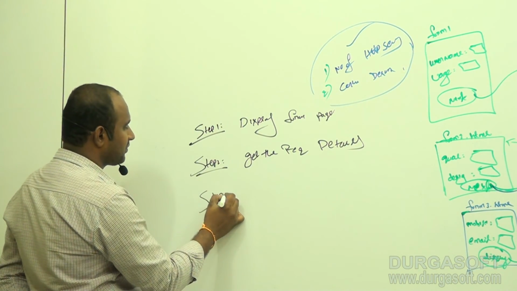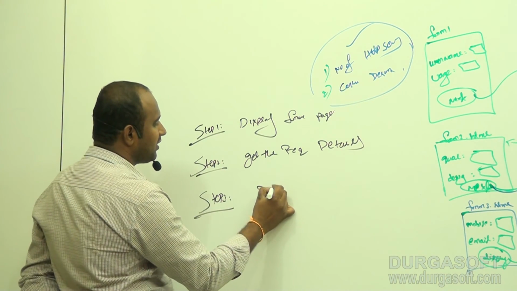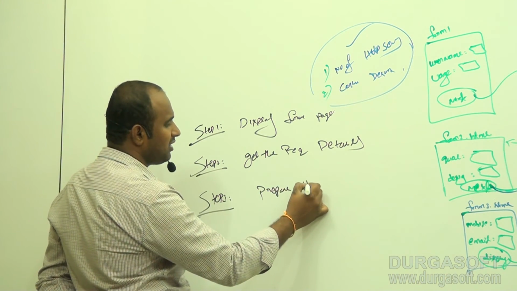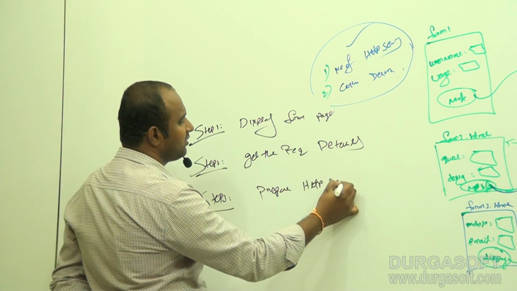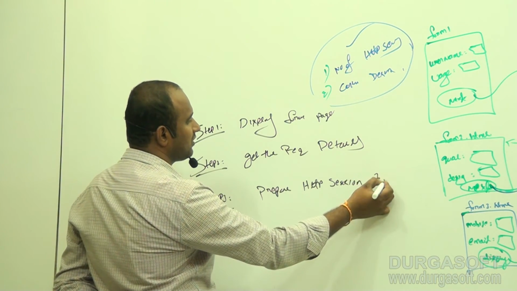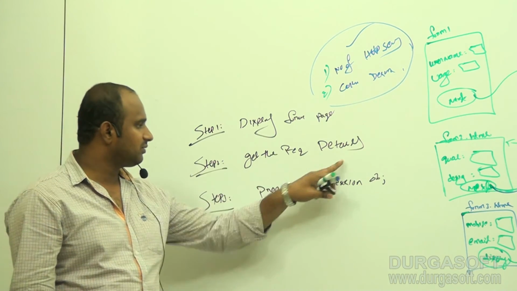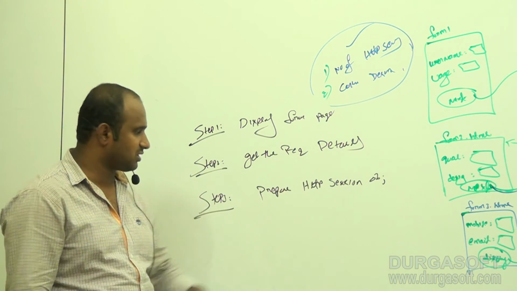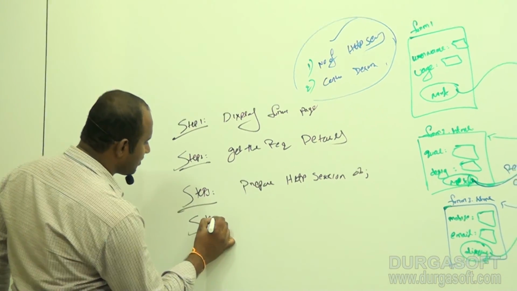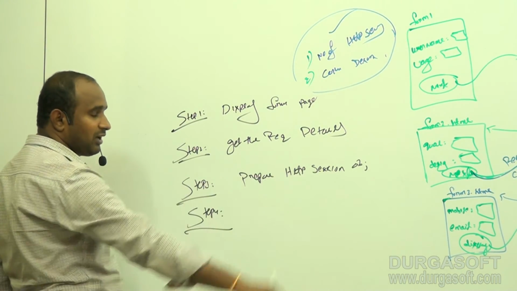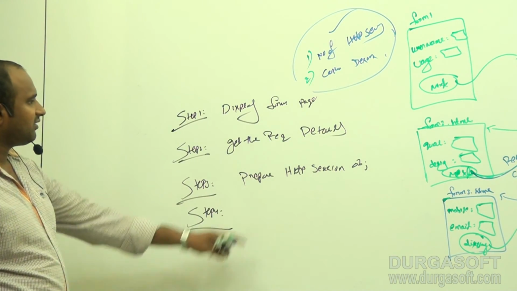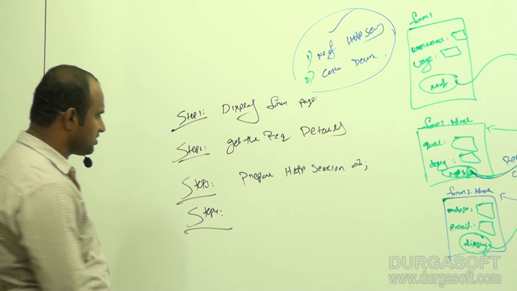Step number 3, prepare the HTTP session object. Display the form page, then get the requested details, then prepare the HTTP session object. Step number 4, after preparing the HTTP session object, add the requested details into the session object.